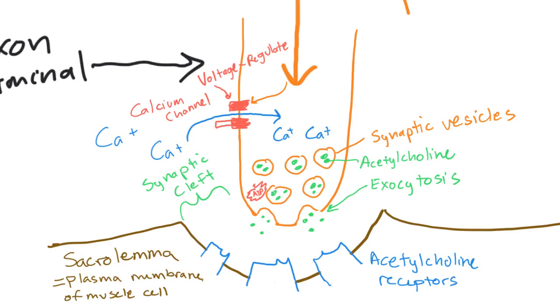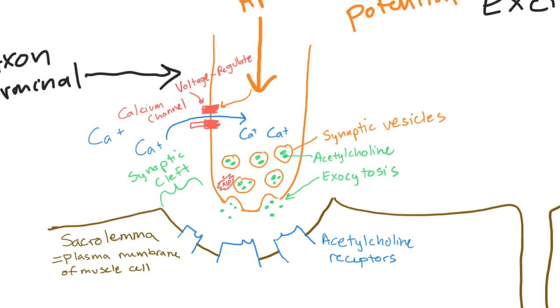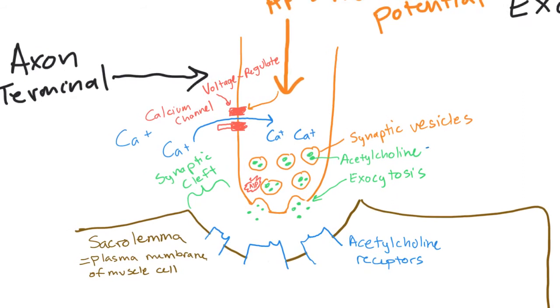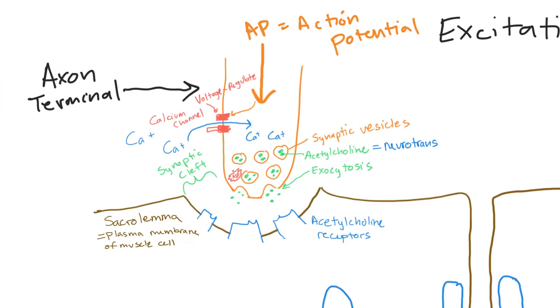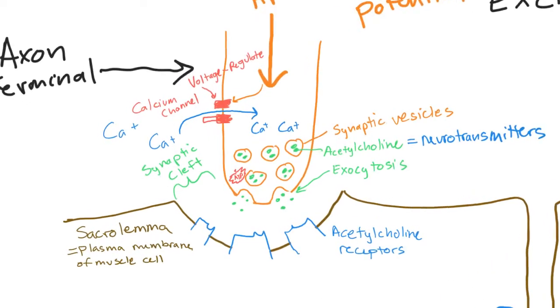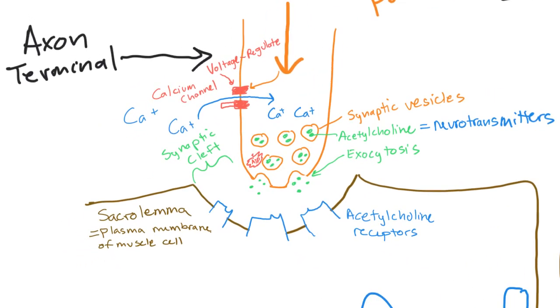And so we call acetylcholine, it belongs to a group of chemicals we call neurotransmitters. Because they are transmitting the signal from the neuron to the next cell. Okay, they can also transmit to another neuron.